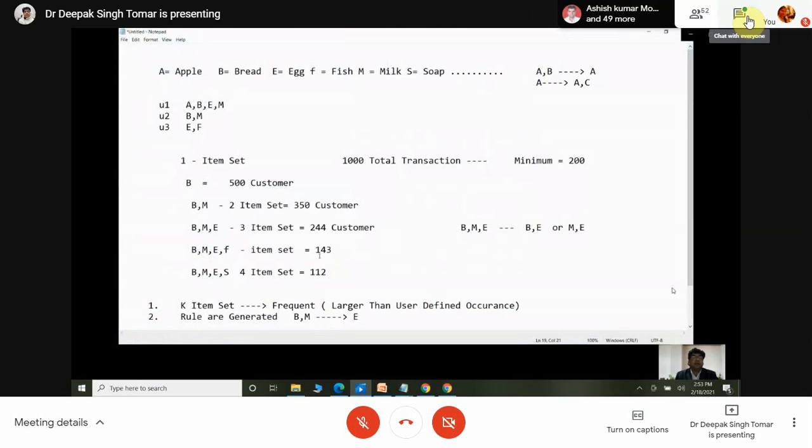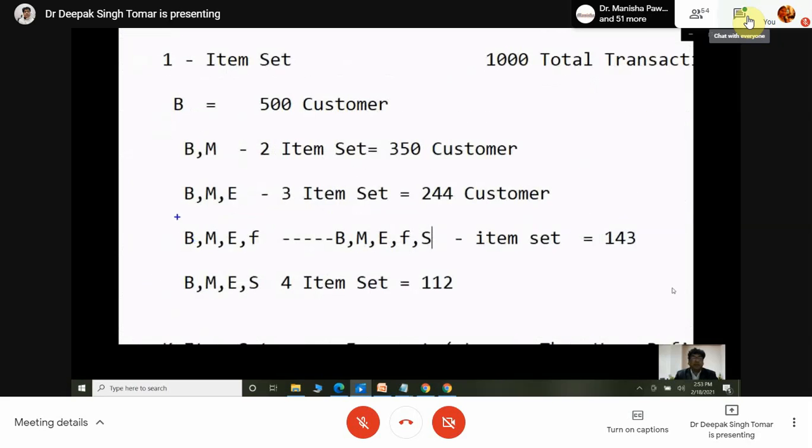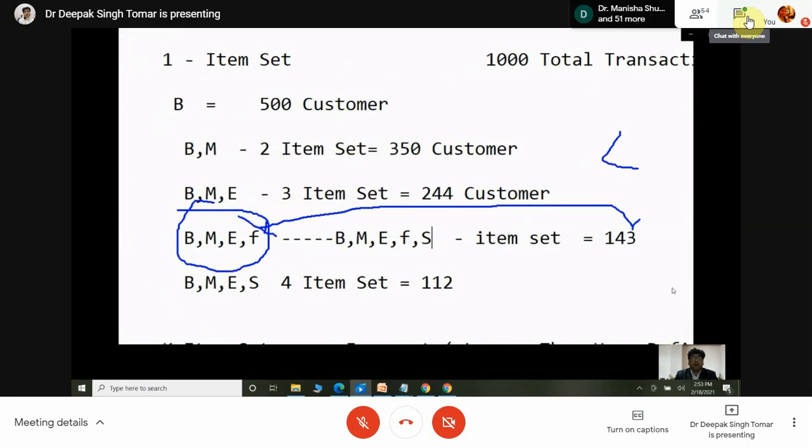If you put any other item to make a superset of length 4, say bread, milk, egg, fish, and its number of occurrences is 143, which is less than the threshold, then it is infrequent.